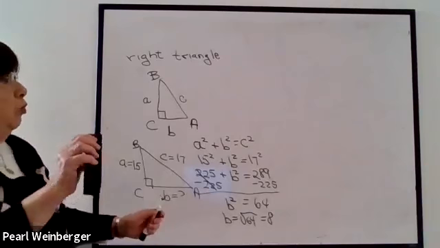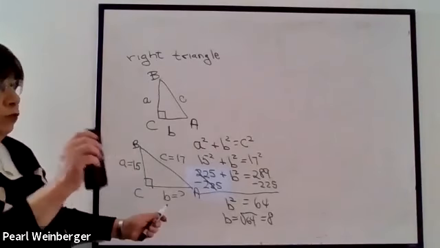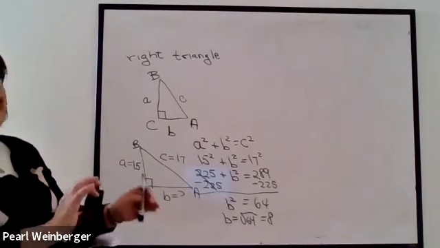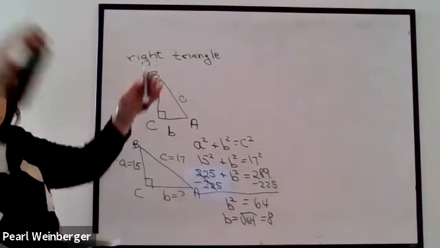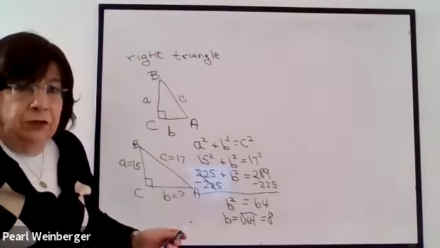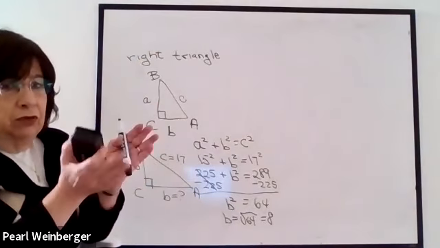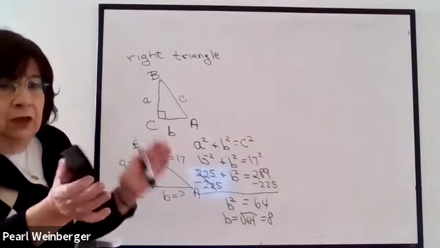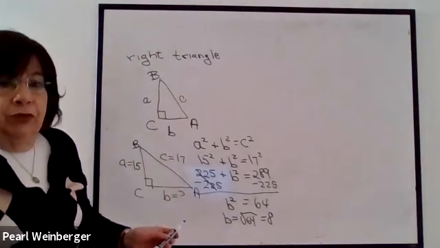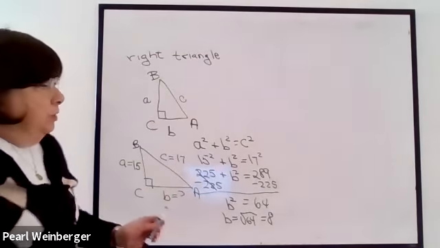And we know that all 3 angles of the triangle have to add up to 180 degrees. Doesn't matter how big the triangle is, how small the triangle is. When you add up the degrees, because the degrees is just telling you how far open the angle is, the 3 of them always add up to 180.